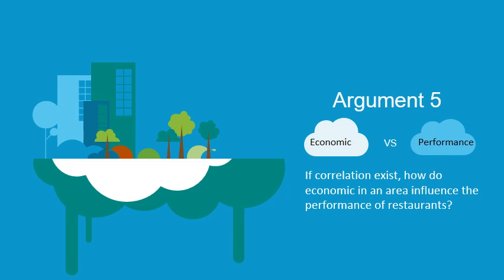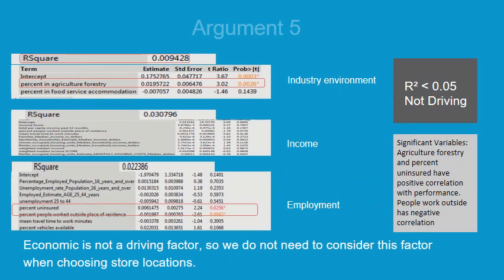And our fifth argument is whether there is a correlation between economic variables and performance. We also did that in the same way as before. The economic-related variables can be separated into three parts, which are industry environment, income status, and employment situation. And the R-square for these three parts is smaller than 5%.